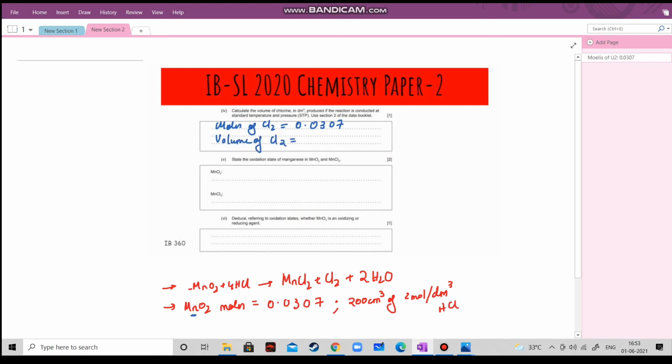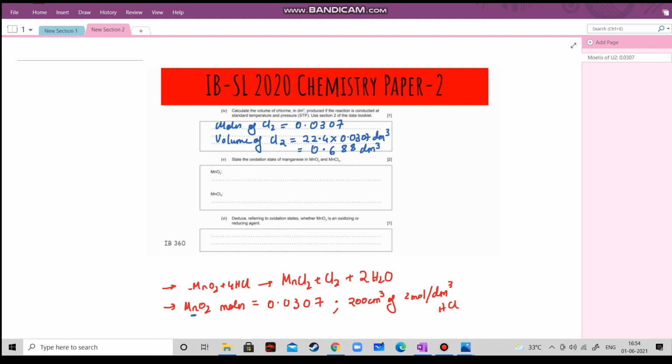Volume of Cl2 would be, in your booklet it would be given that for 1 mole it is 22.4 liters. So we would just multiply it with this, and unit would be dm cube or liters, both are the same thing. So final answer is 0.688 dm cube.